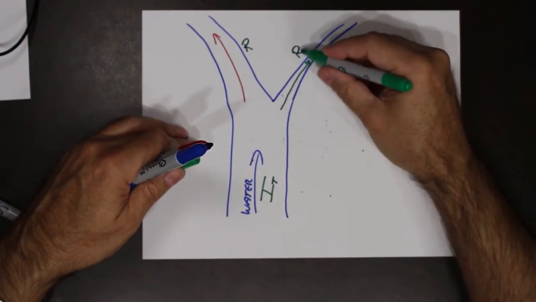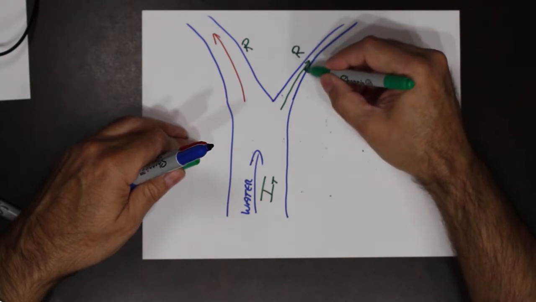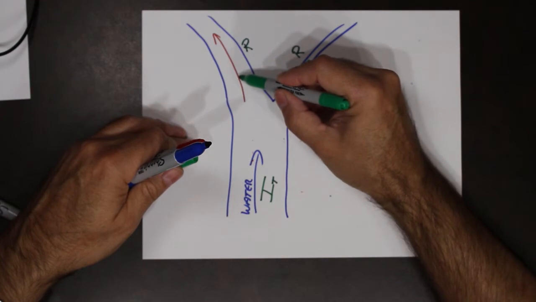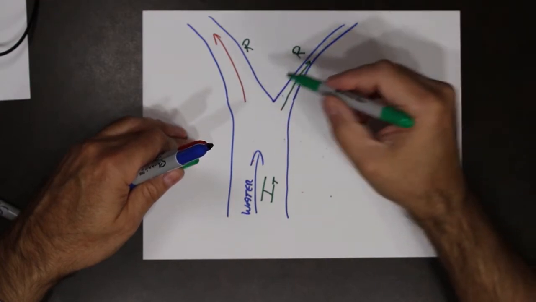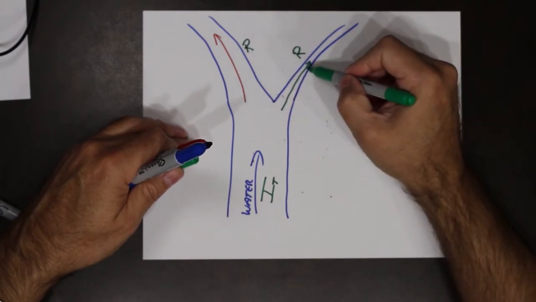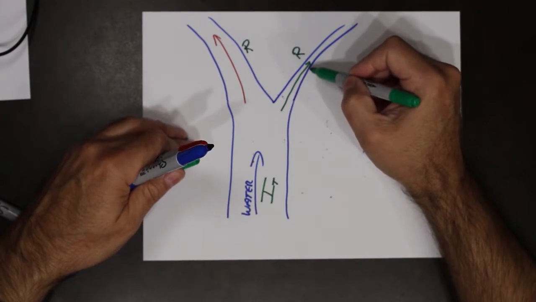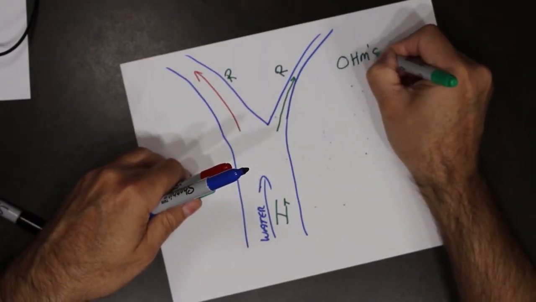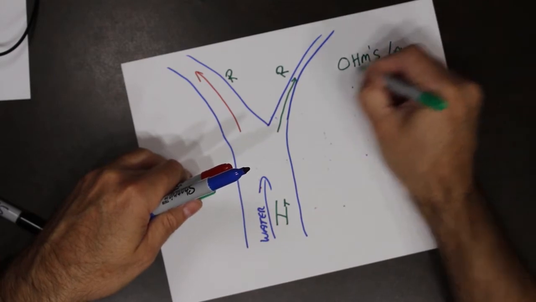If the resistance in this path is larger than the resistance in this path, then this one gets more current, this one gets less current. And what is that based on? Well, everything comes back to our Ohm's law.